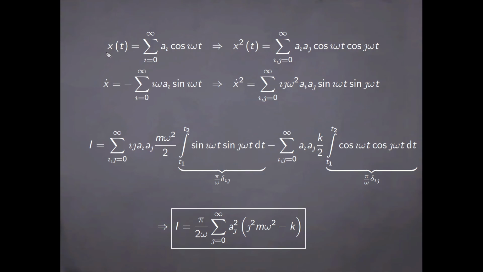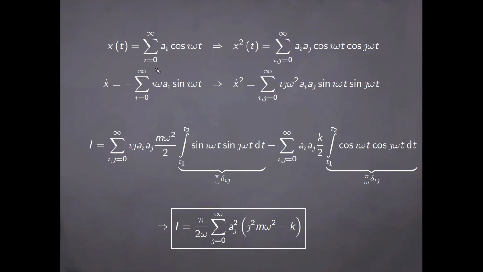So we know that x of t is given by the expression here, by this Fourier series. So x squared is simply a double sum over the indexes I and j. And given this expression, we can immediately calculate x dot as the formula here, and then x dot squared follows again as a double sum over I and j.